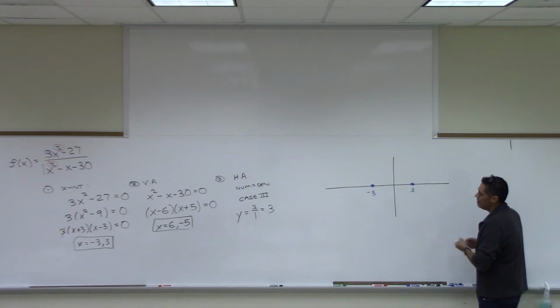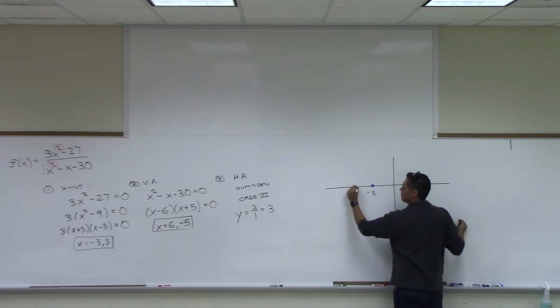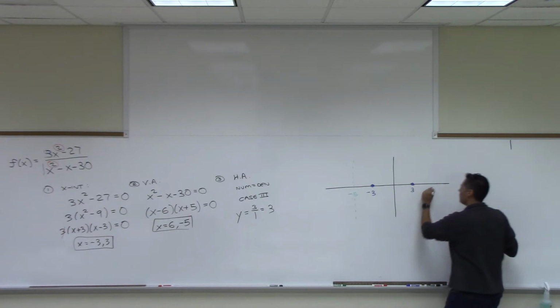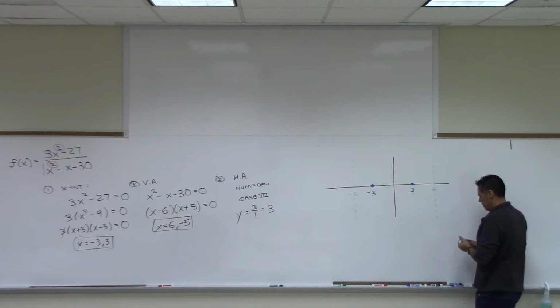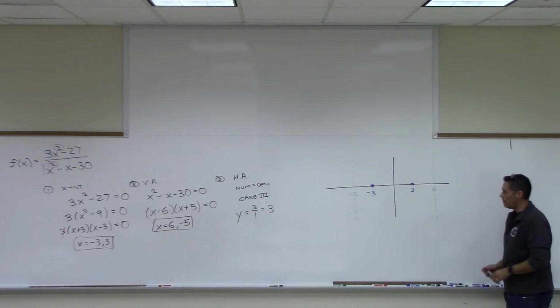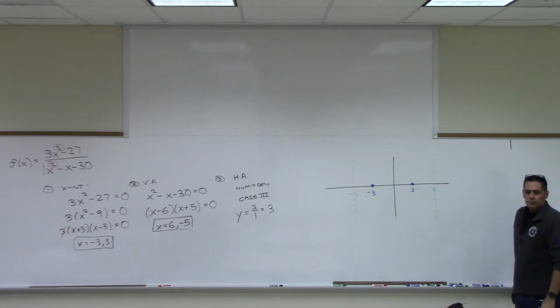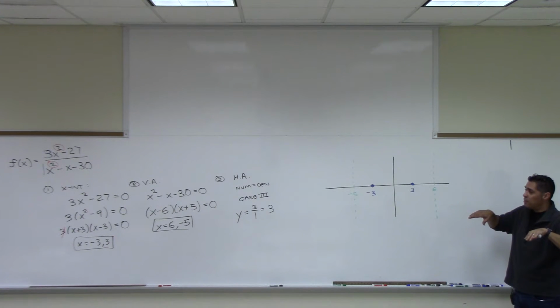Verticals at -5 and +6. What else? The horizontal, right? We have the horizontal now, and it's at 3.